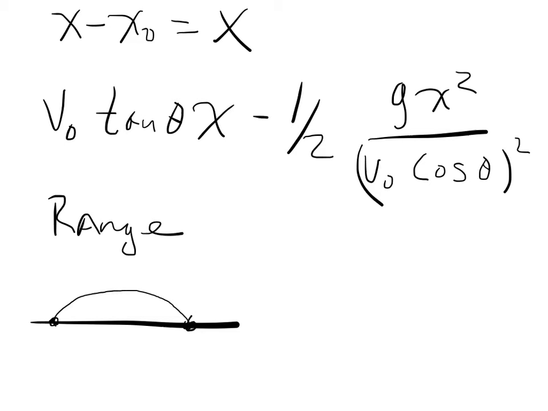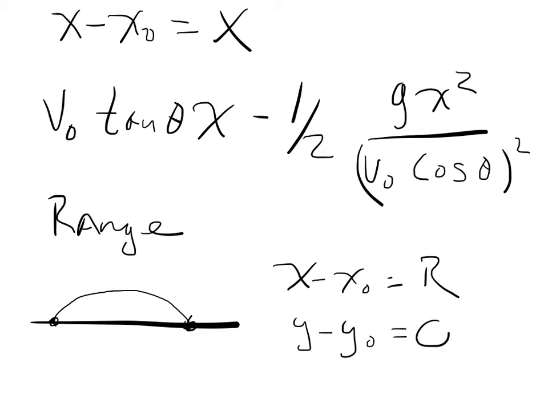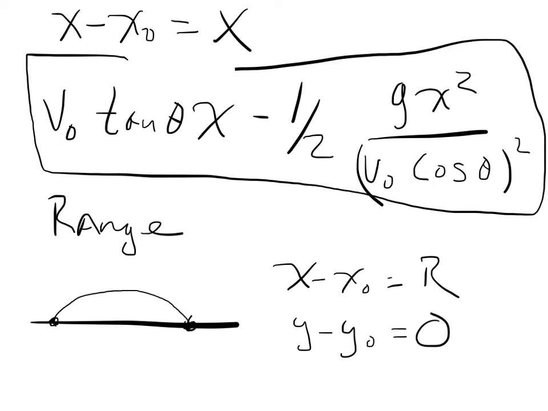So if I start with this idea that x minus x naught is the range, and that y minus y naught for this situation is equal to 0, this here is the equation of the path.